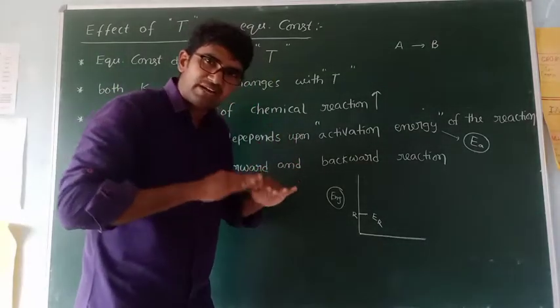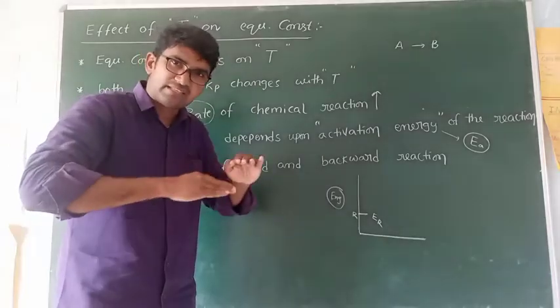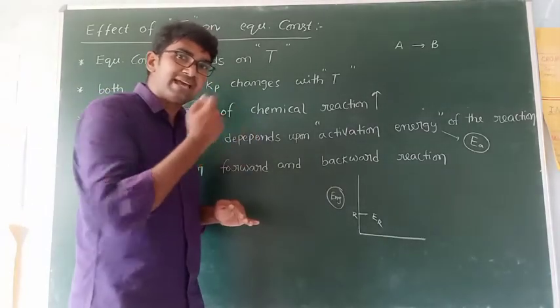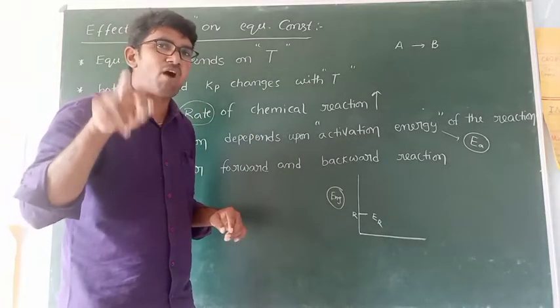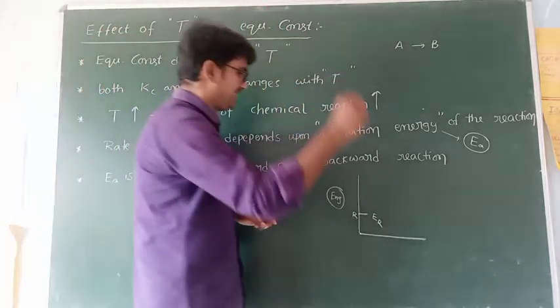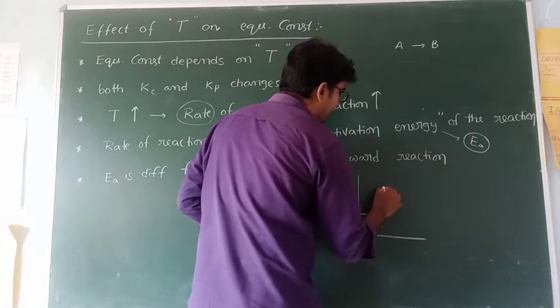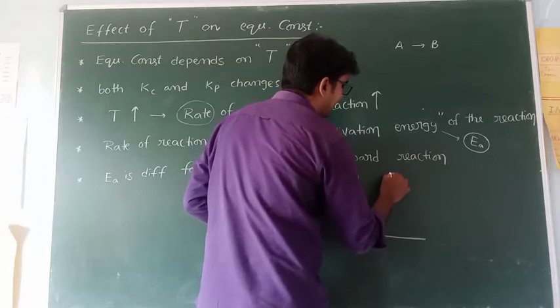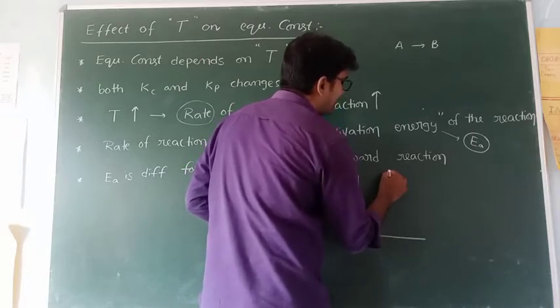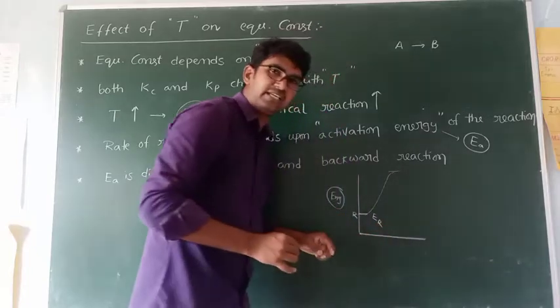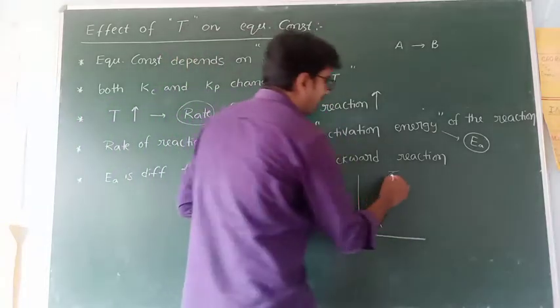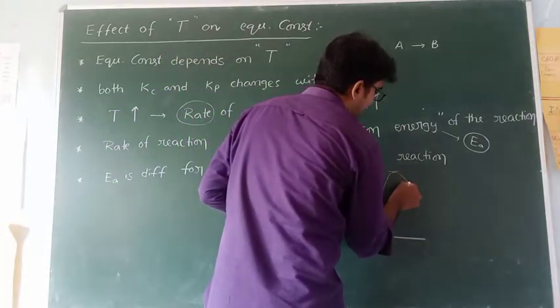For converting, we need some energy. That energy is called activation energy. So in the collision, the reactants' energy increases. After reaching the maximum energy, those reactants are converted into products.